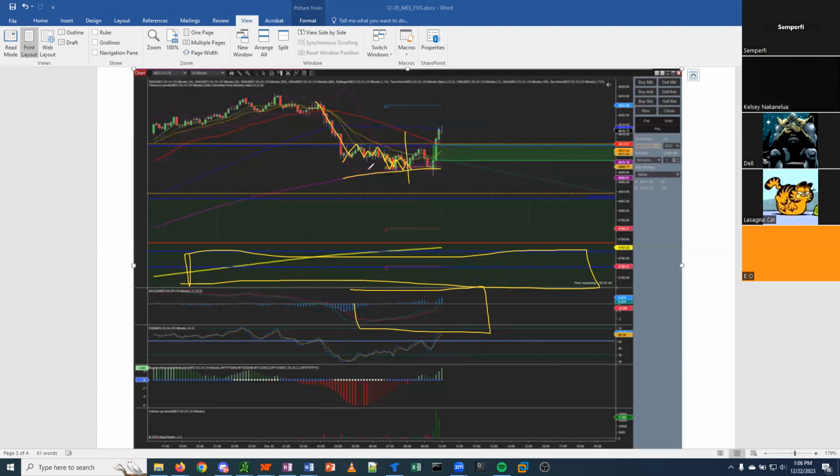How's it looking getting close to your level? Because you already confirmed your level. Okay, you want to look at the indicators. Kelsey, you know how you said they're lagging? You want to see them bullish if you're going to go long, right? Because it's not close to your level yet right there. It's getting close to your level.